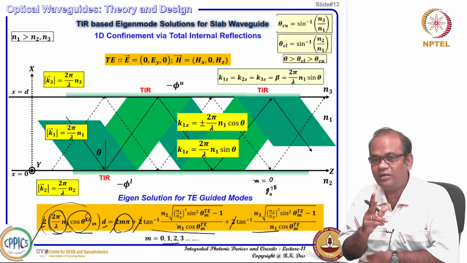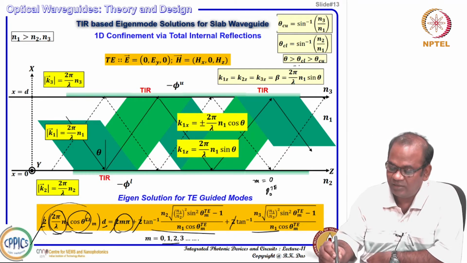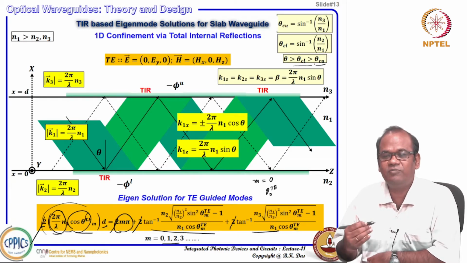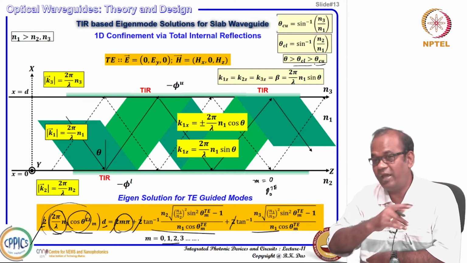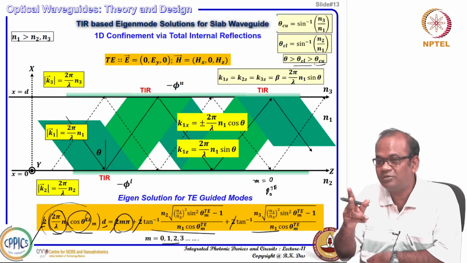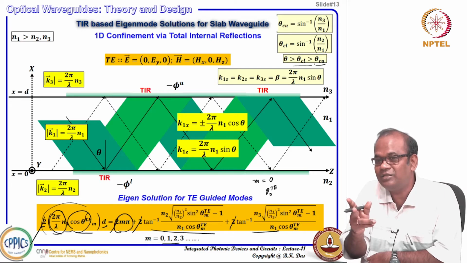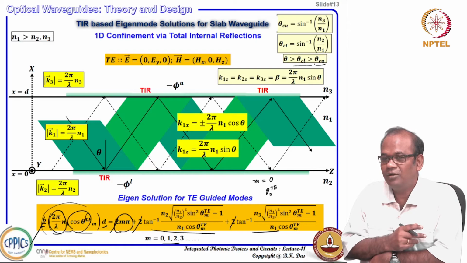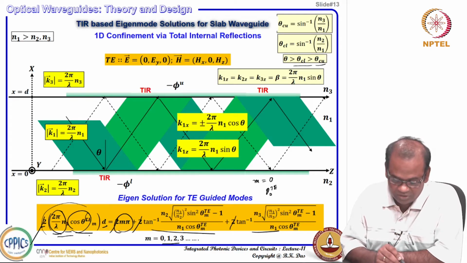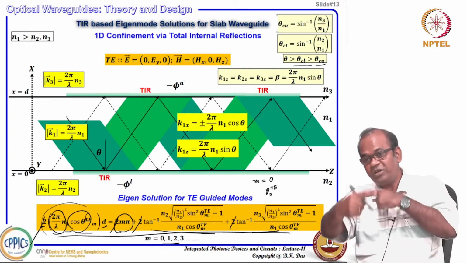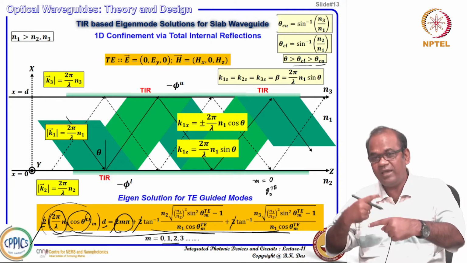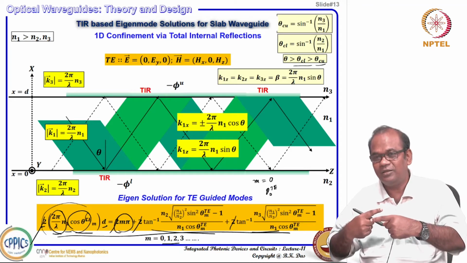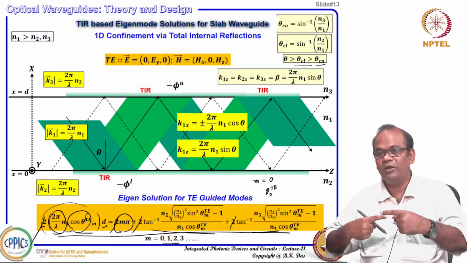This actually ensures that any theta greater than theta CL and theta CU, greater than the critical angle at the lower interface and upper interface, ensures total internal reflection, but that does not ensure whether it is a guided mode or not. That guided mode condition comes through this equation, because the round trip phase accumulation due to the transverse component of the wave vector should satisfy some standing wave or resonance condition.